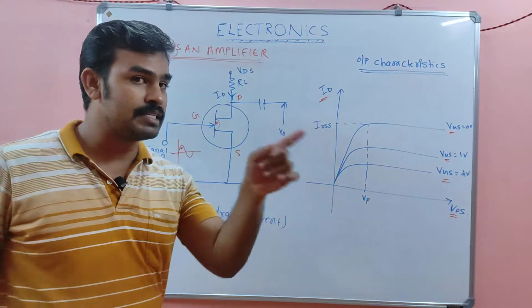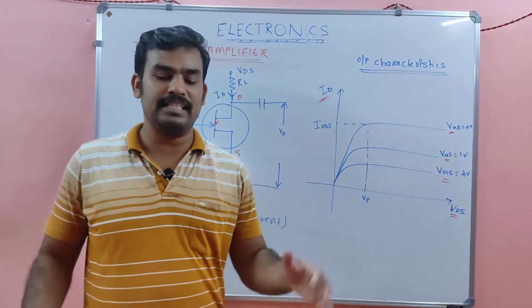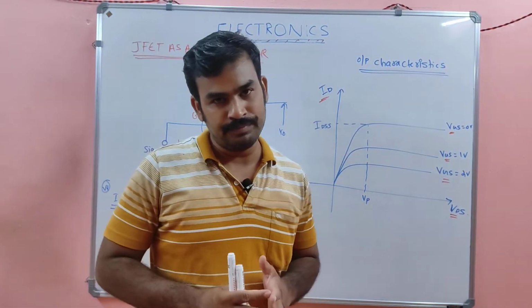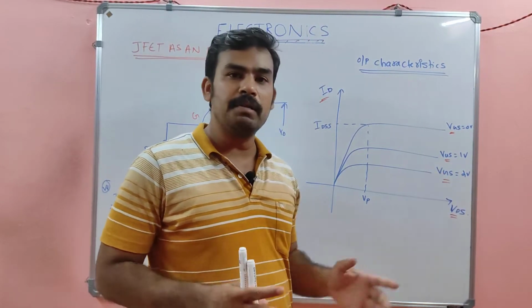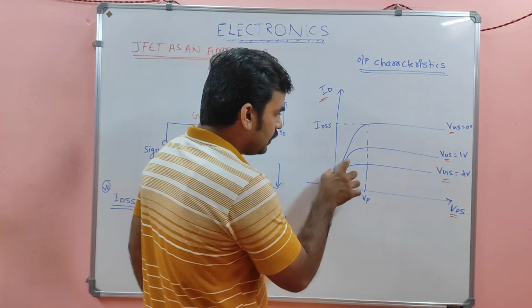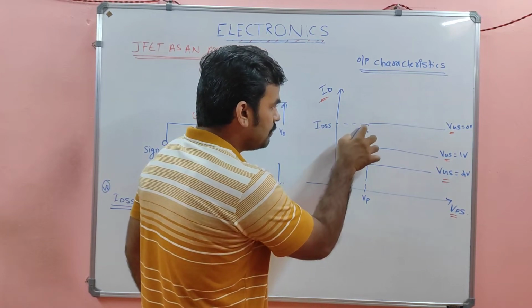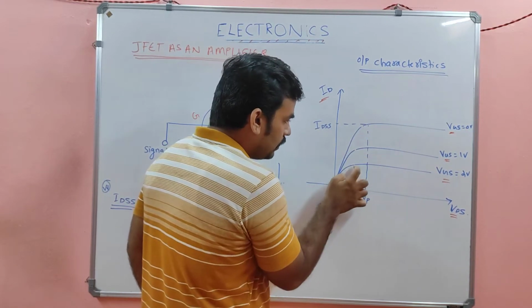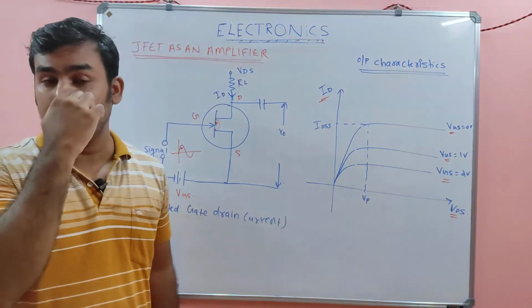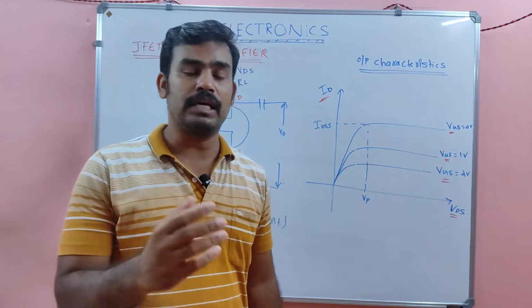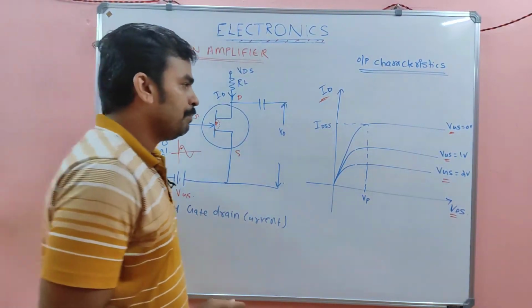More and more reverse biasing will occur in the P region, so the channel width will be very, very small. The drain current will not be that much. Initially it was here, now it is here. The drain current starts decreasing because the channel width got reduced.